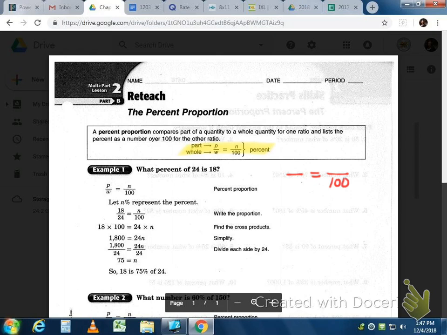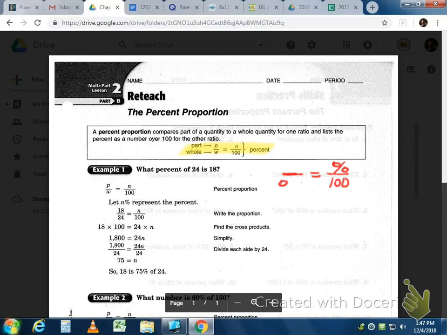If in the problem they give you the percentage amount, that goes above the 100, because we said yesterday percent literally means per 100.